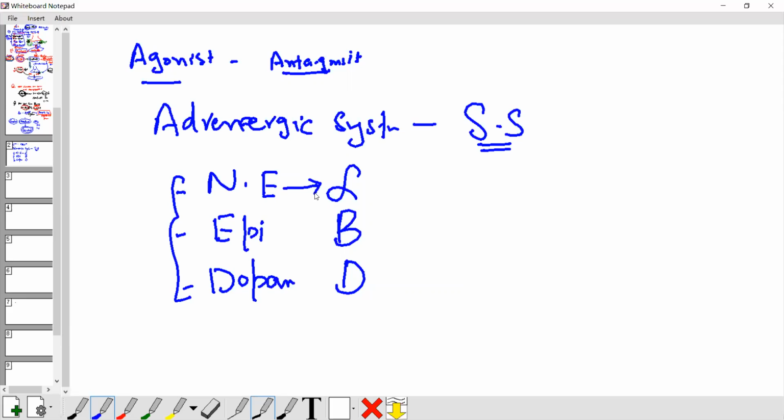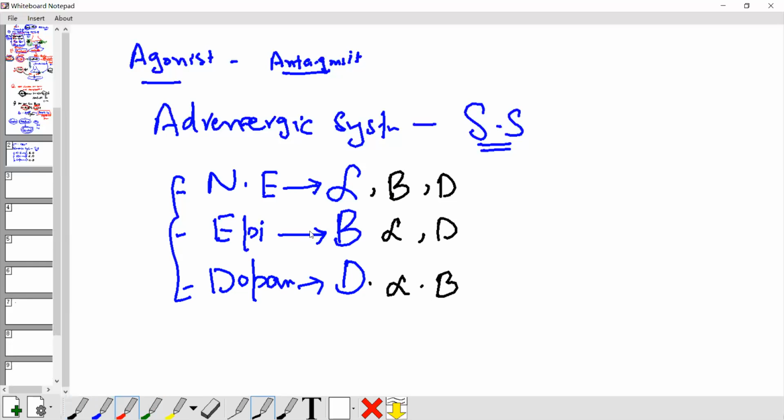Norepinephrine prefers alpha. Keep in mind. Epinephrine prefers the beta receptor. Dopamine prefers the dopamine receptor. Epinephrine can also attach to alpha and dopamine receptors, and dopamine can also attach to alpha receptors, and so on.